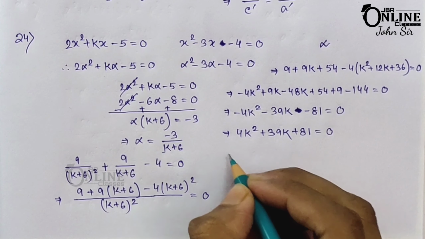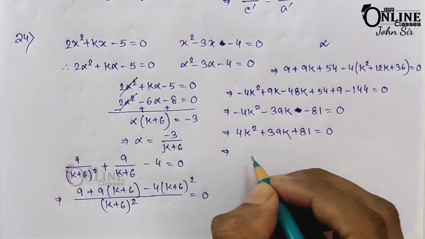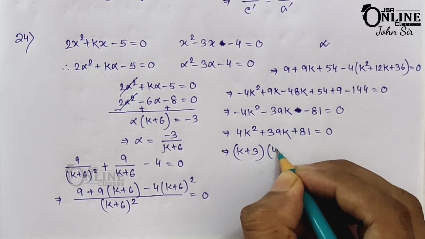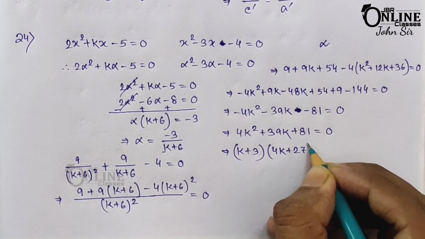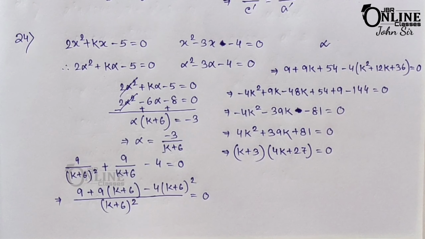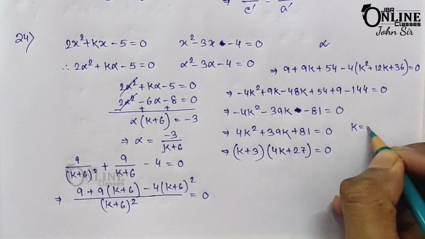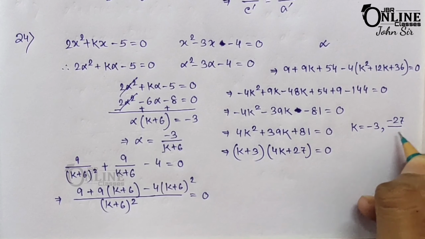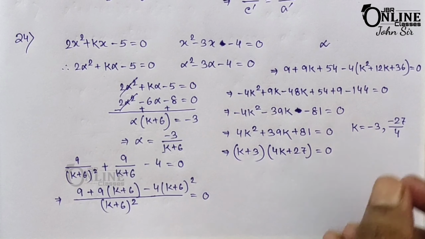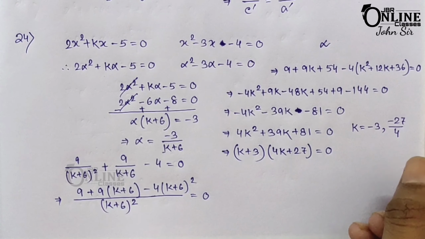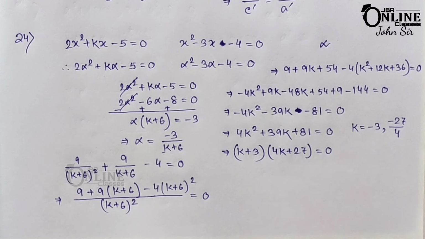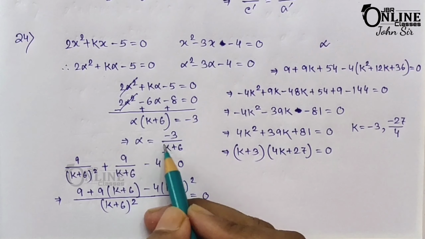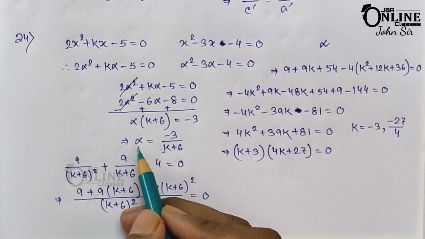Now if you solve this quadratic equation, you will get two factors. First one is k plus 3 and second one will be 4k plus 27, equal to 0. So from that k equals minus 3 and k equals minus 27 by 4. Okay, either k equals minus 3 or k equals minus 27 by 4. So if k equals minus 3, then just put the value here and you will get the value of alpha.